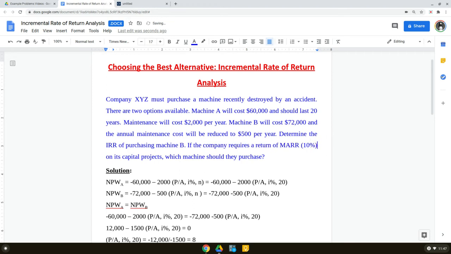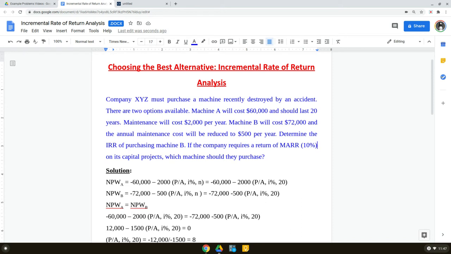So the company requires a return of 10% on all its capital projects. Anything that gives below a 10% rate of return, the company is not interested in investing in those projects. So with that information, which machine should they purchase?